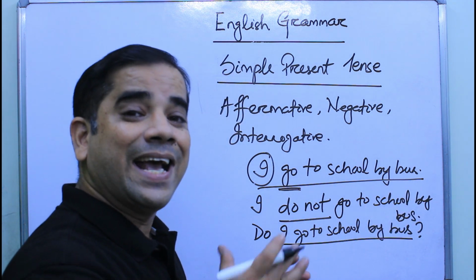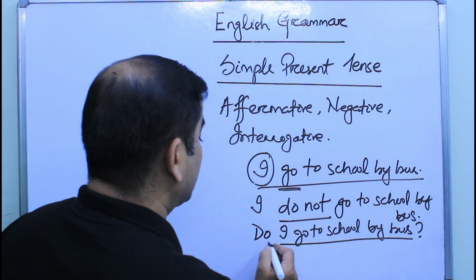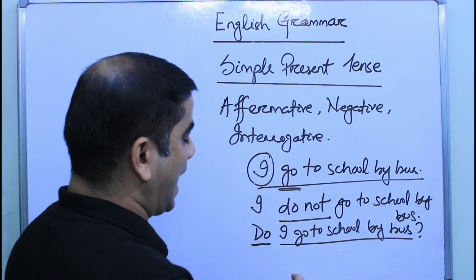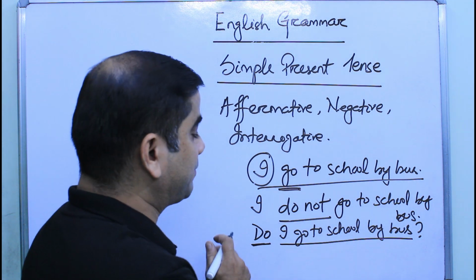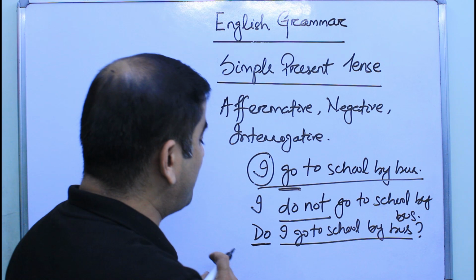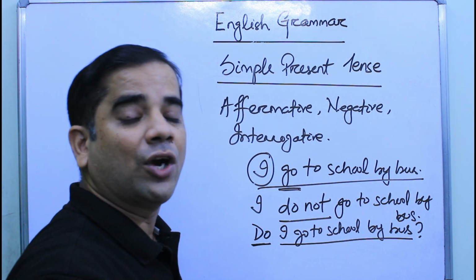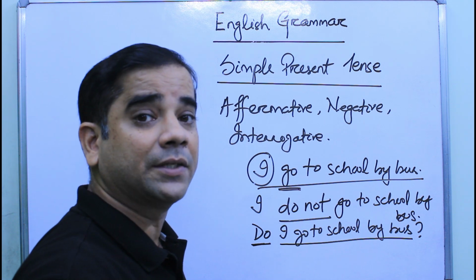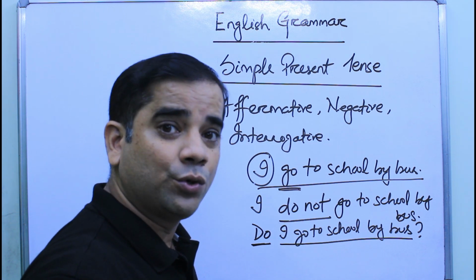Both are exactly the same, but the helping verb do is extracted out of the main verb go and put at the front of the sentence, and at the end we put a question mark to make it an interrogative sentence.